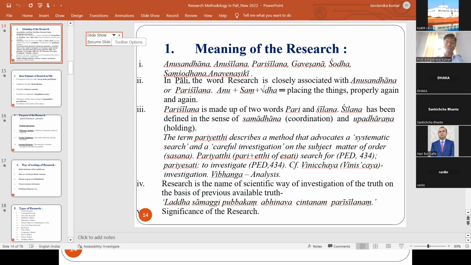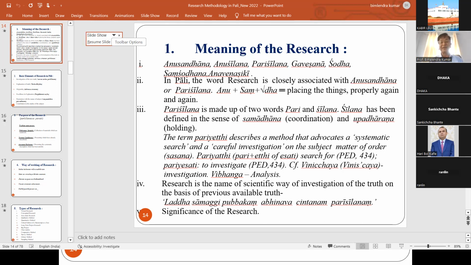So Anvanchaki is a term related to research, in the sense of visualizing or making investigations, or seeing things as they really are. In that sense, Anvanchaki has been interpreted in our research.